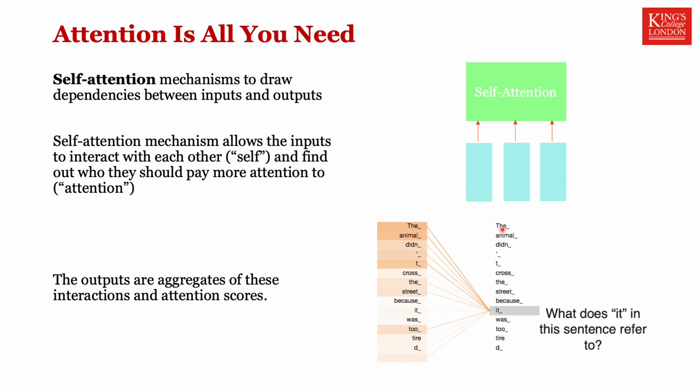To find out which information in the sentence predicts that this word should be it and not, for example, he or she, the model can say that it should attend to these words here, for example the animal didn't. All of these things will influence the fact that this word here is it.